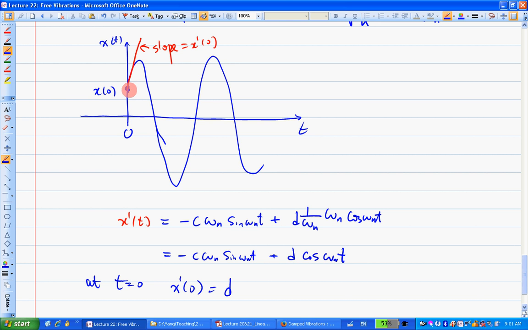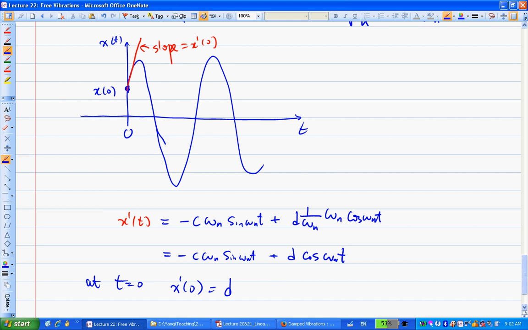But x prime, the derivative, means the slope. Basically, this represents the slope at the t equal to 0 point. So the curve depends on your value of x prime, right? The curve basically determines where to go.